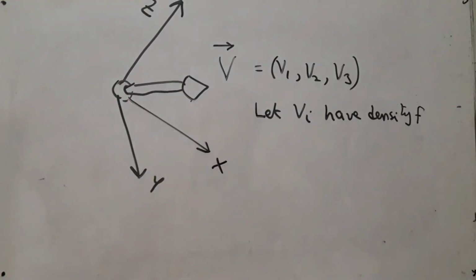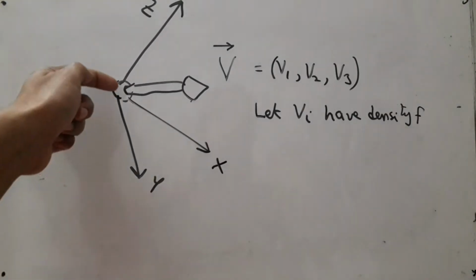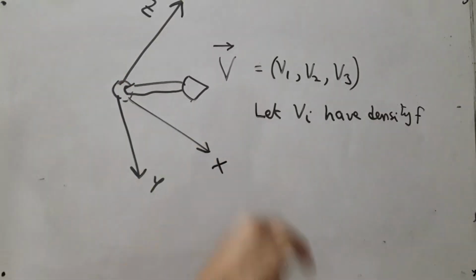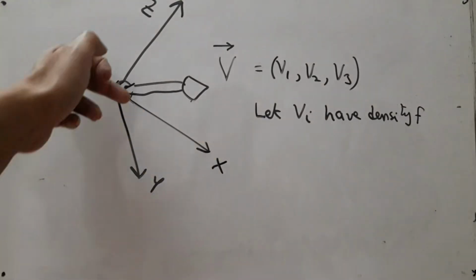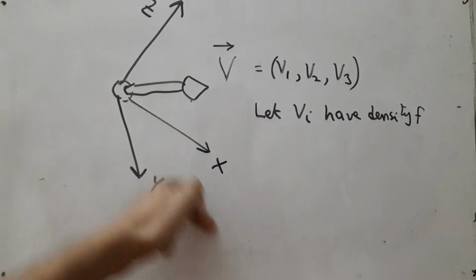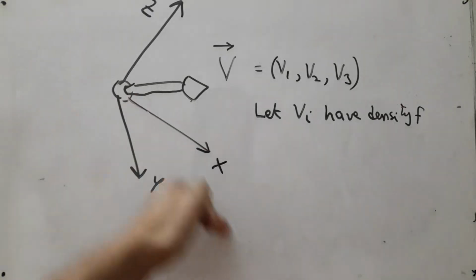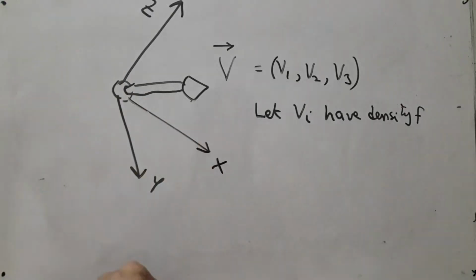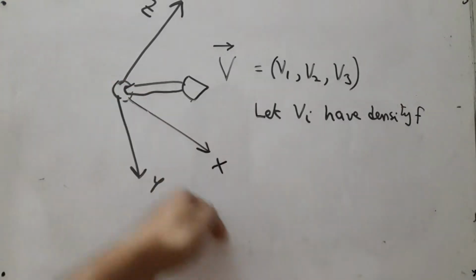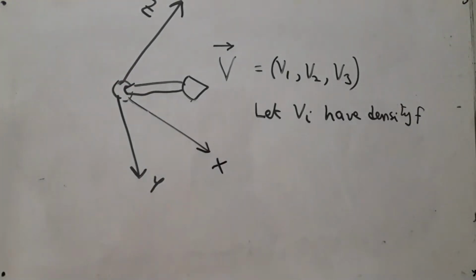And also, is there any reason to believe that if the velocity is high along the X component, then the velocity must also be high along the Y component? No, because if that is the case, then you are basically assuming that the flow is more along the 45-degree line. Whenever this is high, this also becomes high. So you are favoring the 45-degree line. But as we have said, no direction is favored over any other, and they are not sharing any common component. As a result, we have the Vi's are independent.